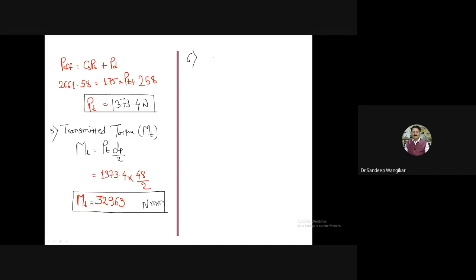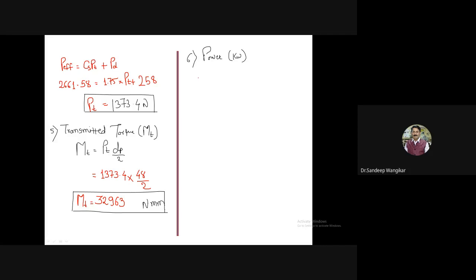Here we will be calculating power. Whatever your answer is, we will see whether kilowatt is changing or not.